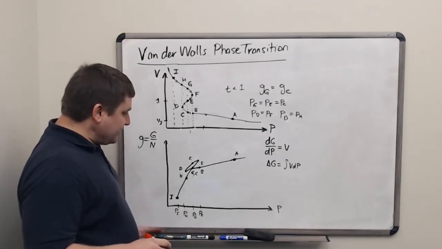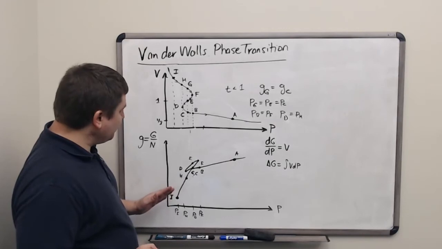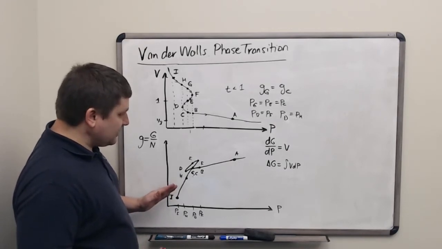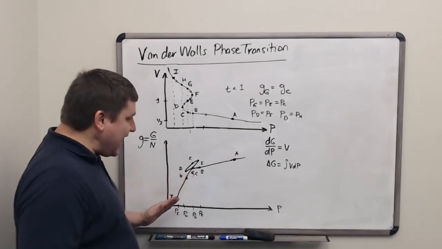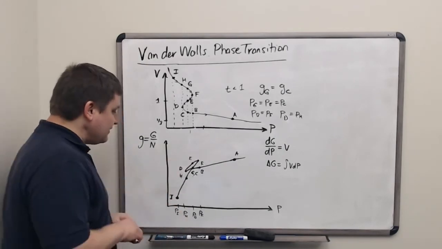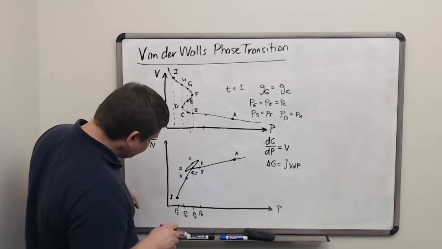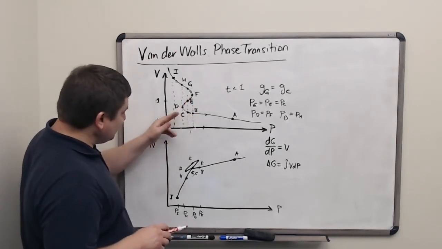But in addition, this curve should always have the correct concavity. This curve G versus P was supposed to be concave down. So from F to D, we've actually got this region of instability.